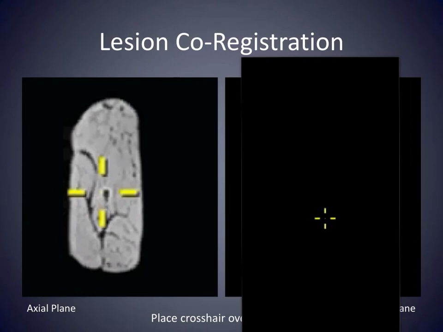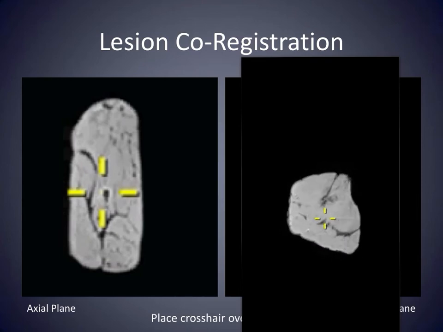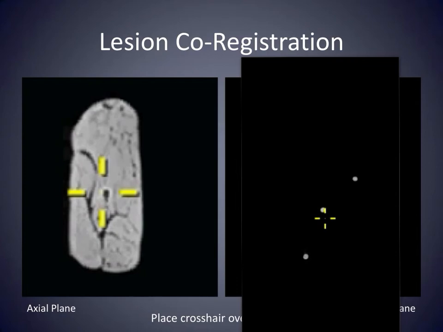You want to confirm that the lesion can be co-registered on both the axial and the sagittal planes. The sagittal plane sequence is important in that as you scroll through, you will be able to see your target lesion as well as the grid surface and the fiducials as your reference points in the calculation of the target lesion.